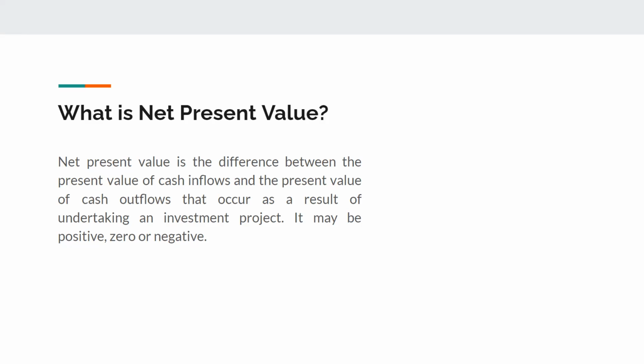Right? Now, when we are calculating the net present value for a project, the answer we could get could be positive, it could be zero, or it could be negative. And we need to understand what positive, zero, or negative NPVs mean, right? Abbreviation for net present value is NPV.